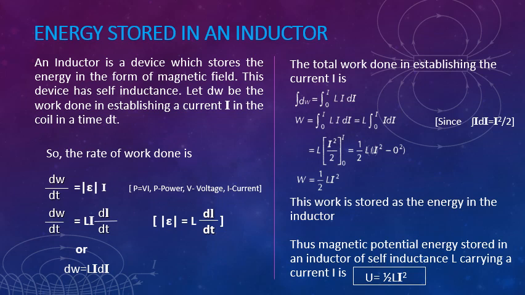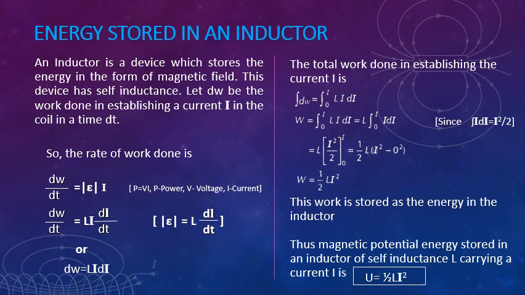Therefore, W is equal to L into I square by 2 within the limits 0 to I. Now, substituting the value of upper and lower limit, the above equation becomes W is equal to half L into I square minus 0 square, that is equal to half L I square. This work is stored as the energy in the inductor.